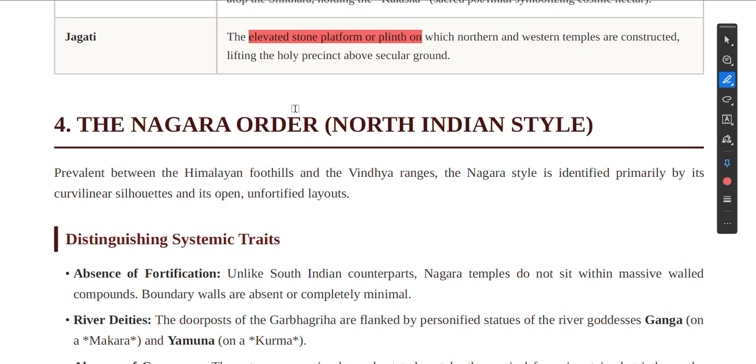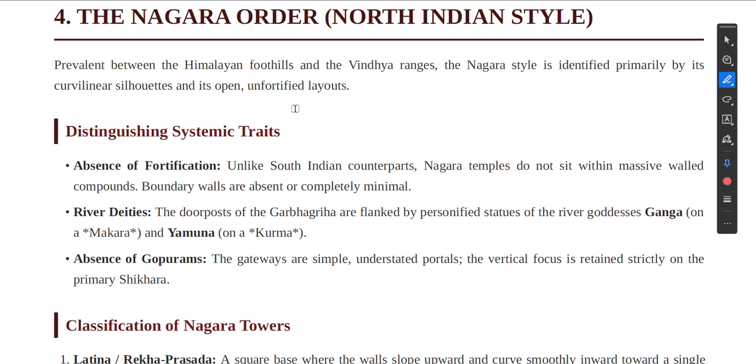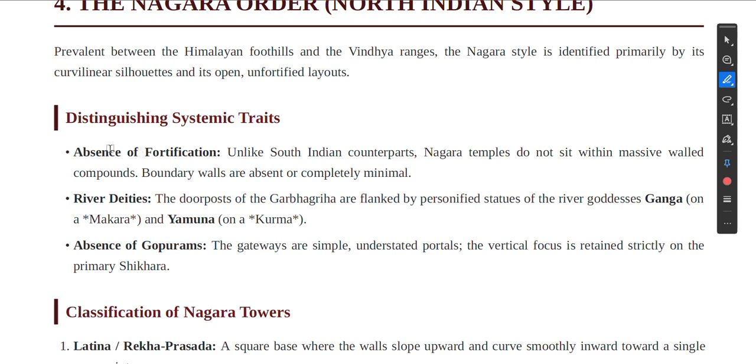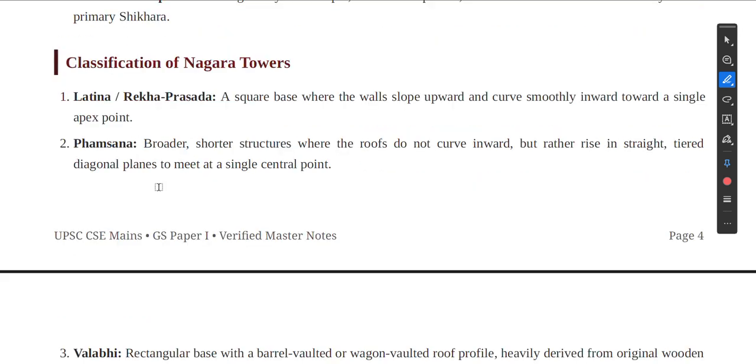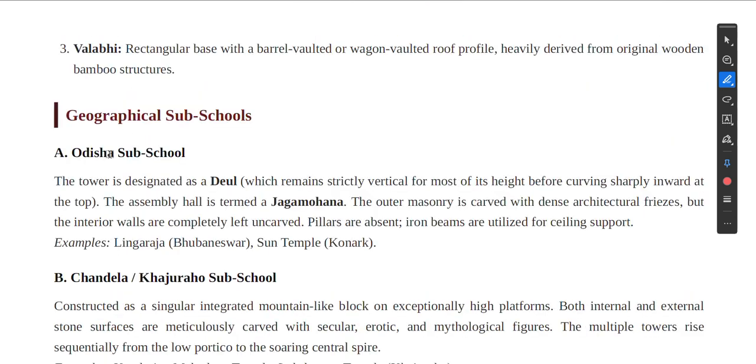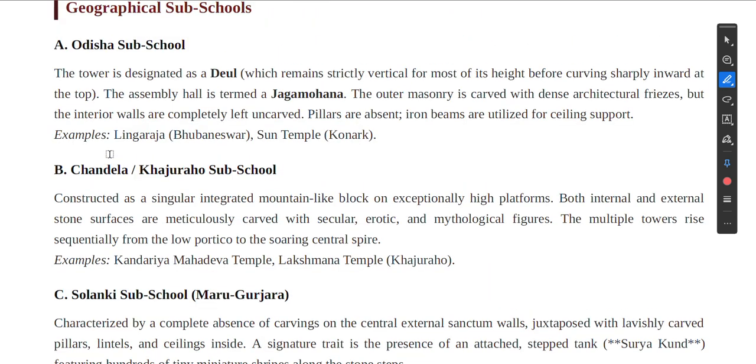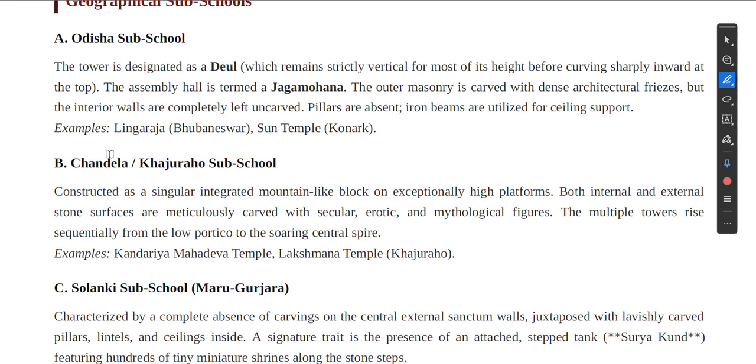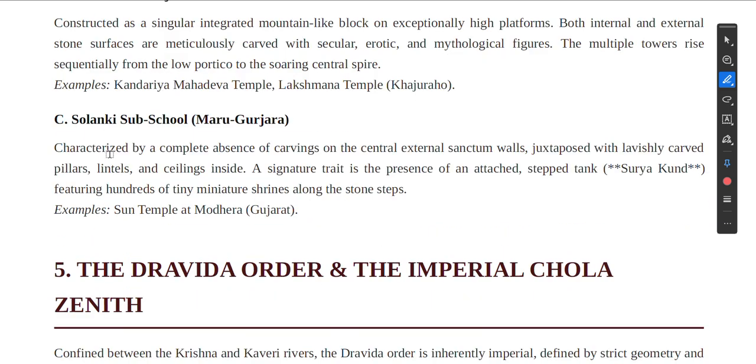The Nagara order, the North Indian style, is distinguished systematically by absence of fortification, river deities, absence of gopurams. Classification of Nagara: Latina, Rekha, and all these things. Then we have the Odisha classification: Odisha sub school, Chandela sub school, Solanki sub school.